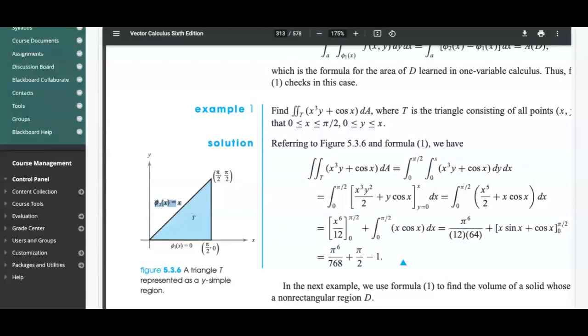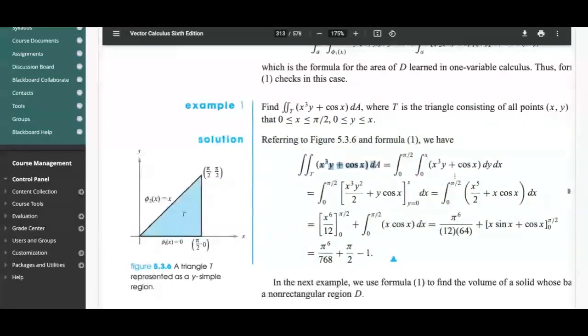The region we're integrating over is this triangle. So once we have this picture, we can set up our integration.